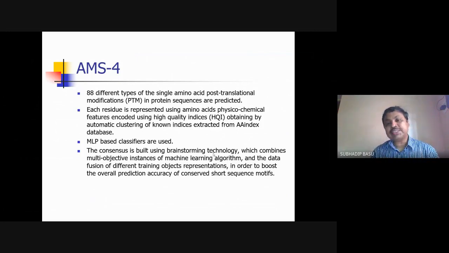And what HQI clustering does is identify 8 very high quality features, then 24 high quality features, and it identifies actually 8 different clusters, and there can be 3 different features in the clusters.